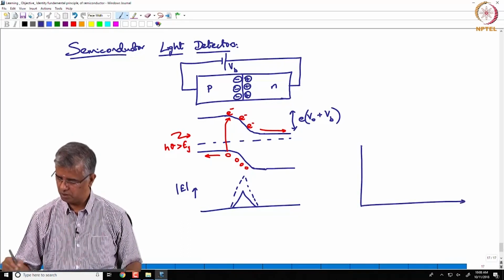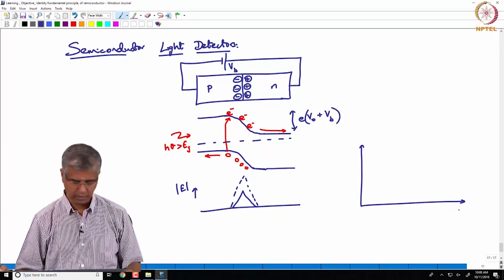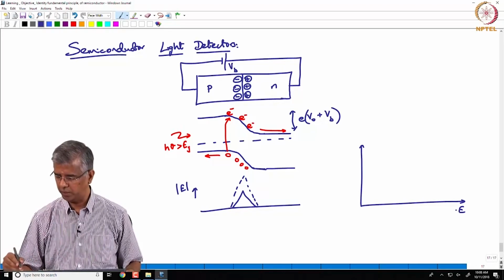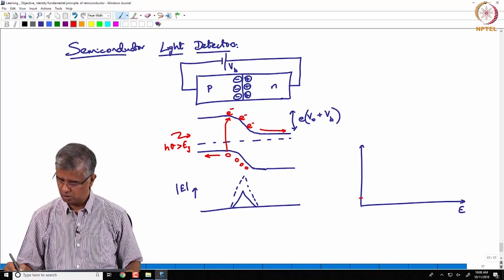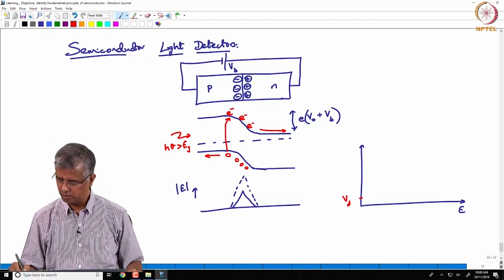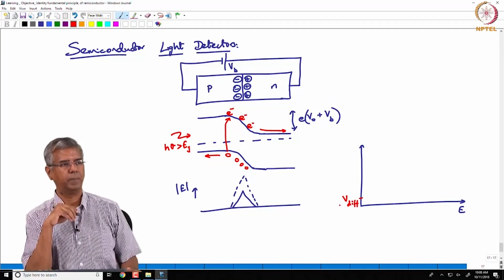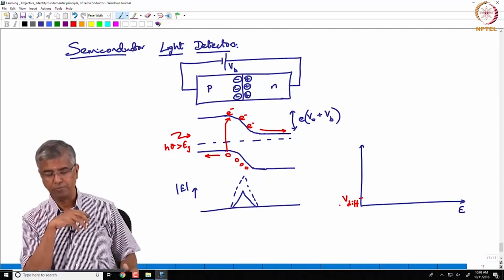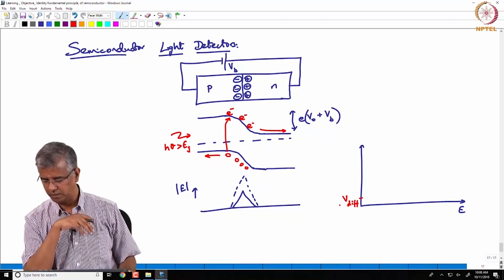When we look at that as a function of the electric field, okay, what happens is normally without any electric field, you have the diffusion process happening. So, these charges just diffuse, and of course, they cannot diffuse beyond that built-in potential.